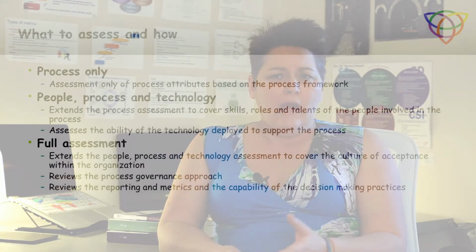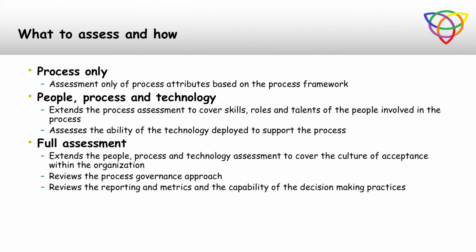So when we're doing assessments, what is it that we assess? Well, I talked about CMMI a lot, and so that means that we can assess processes, and we can just assess the processes. Or we can assess the processes and we assess the people and the technology that we use to facilitate the processes. And then we can also do what we call a full assessment.